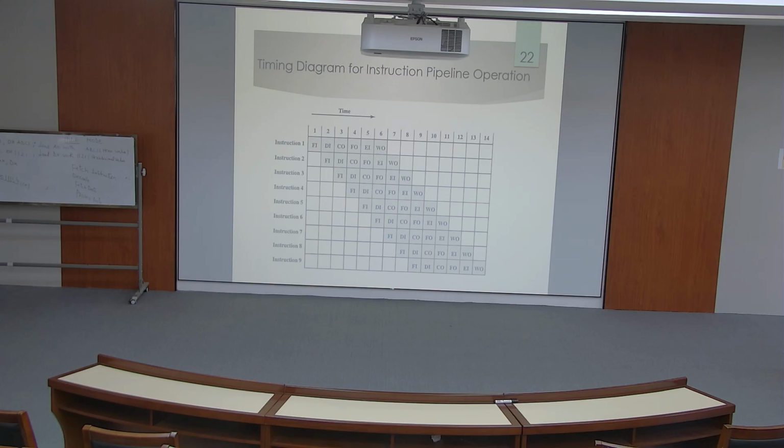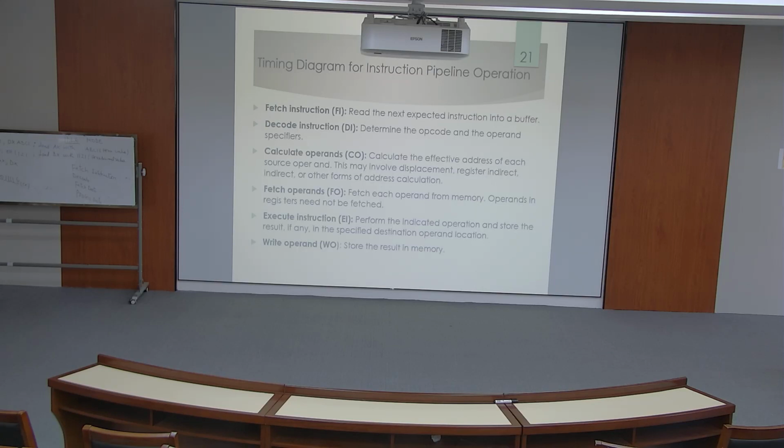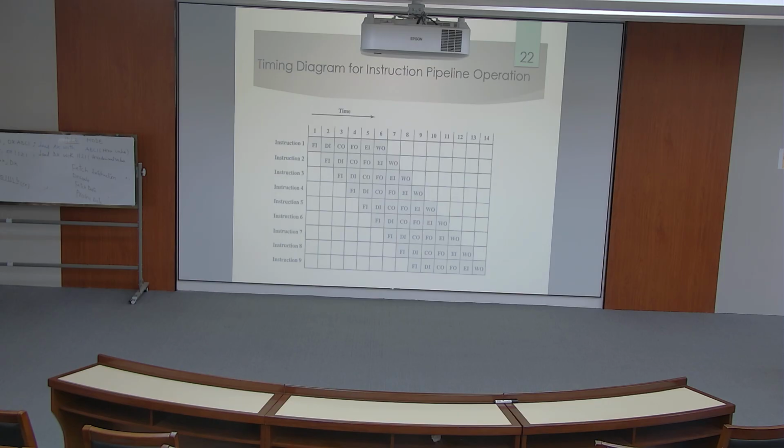Then during time number 6 will be WO, write operand, which is to write or store the result into the memory. Write operand, write the result, store the result to the memory. This is the end of the first instruction.